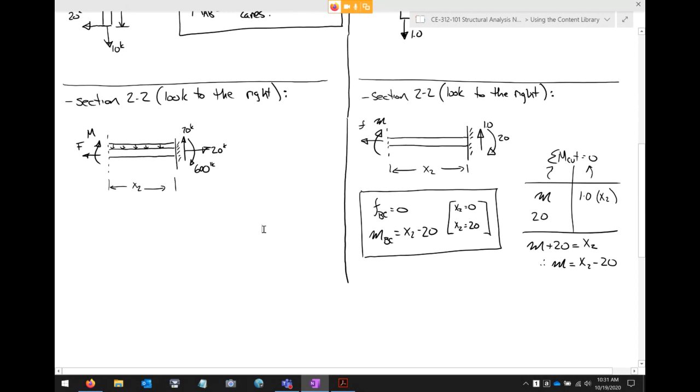Move that a bit so I've got a little bit of room. Okay, so this distributed load was 3 kips per foot. So I'm going to collapse that into a single distributed load. We'll call that 3x2, and that moment arm is x2 over 2. All right. Did I do that too fast, or is everybody okay with that?